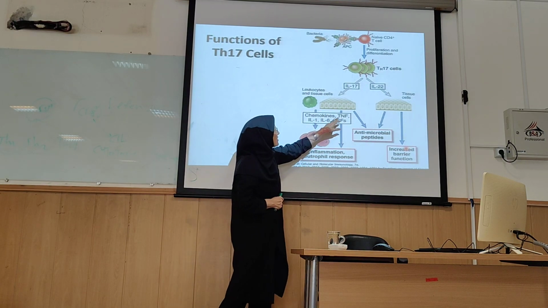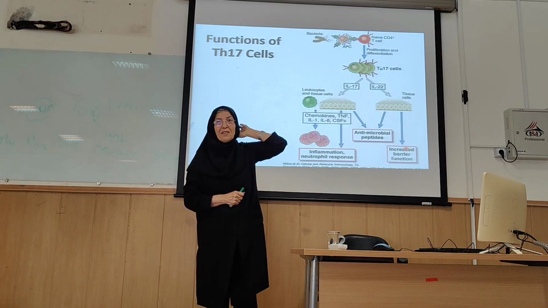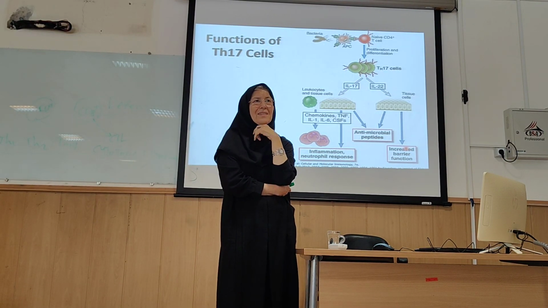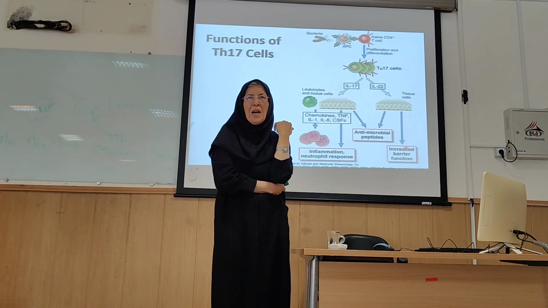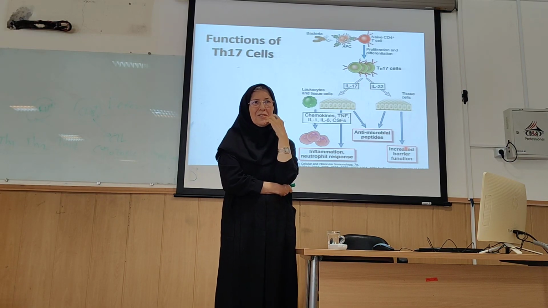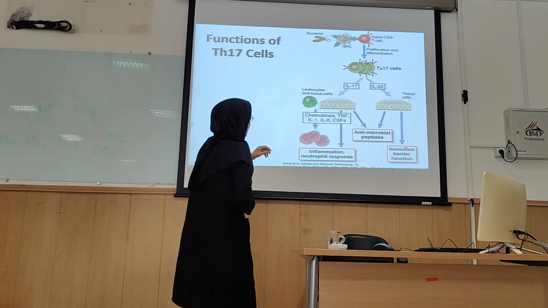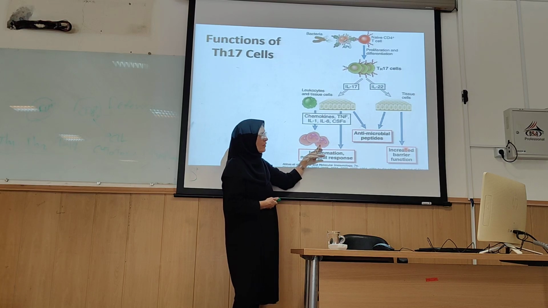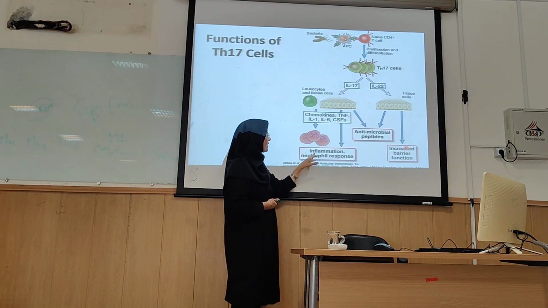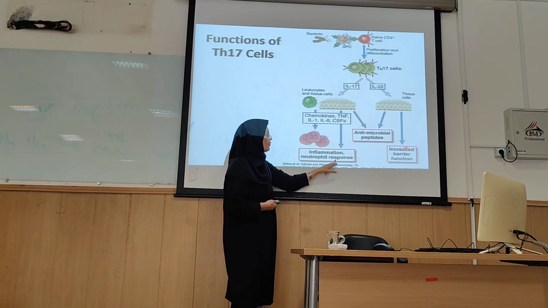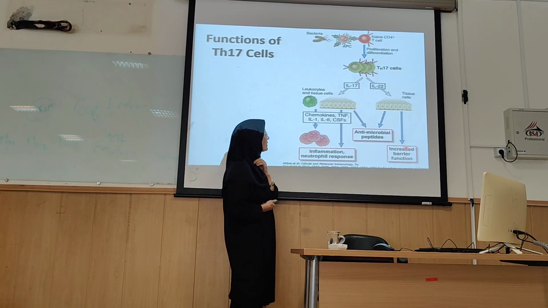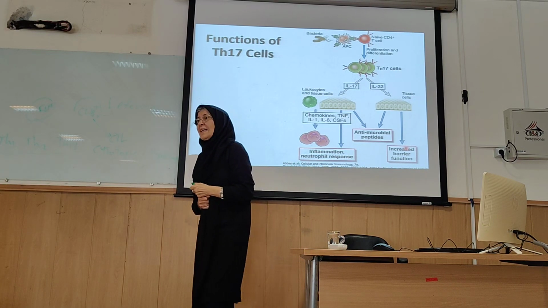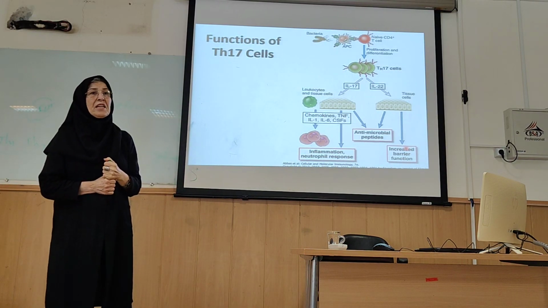These cytokines are inflammatory and increase inflammation. They affect granulocytes or neutrophils, increasing the neutrophil response. Then T helper 17 can increase the inflammation.